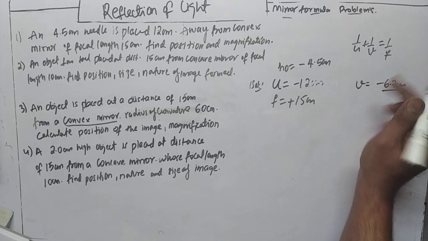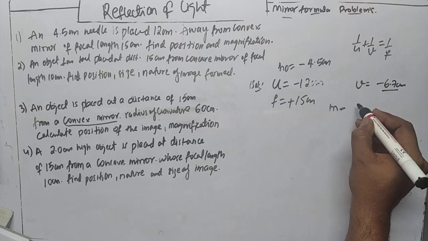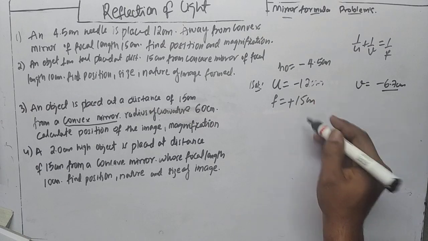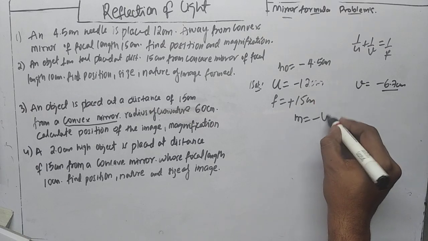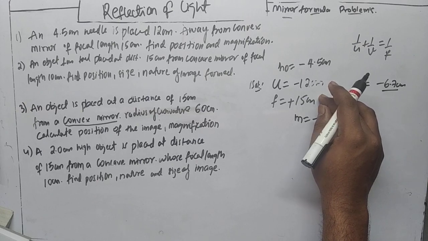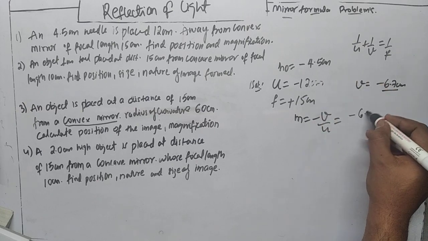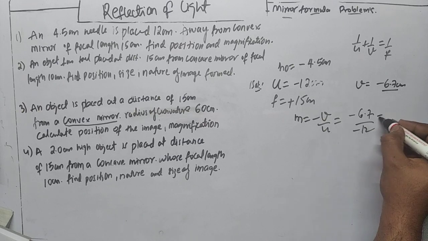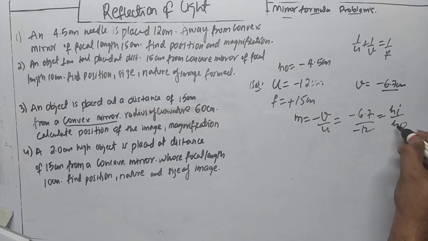Next we have to find the magnification. For magnification we can use minus v by u. Both values are with us: minus 6.7 by minus 12. Or we can use height of the image by height of the object.